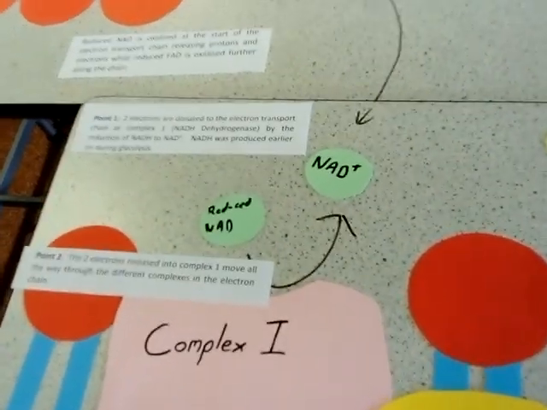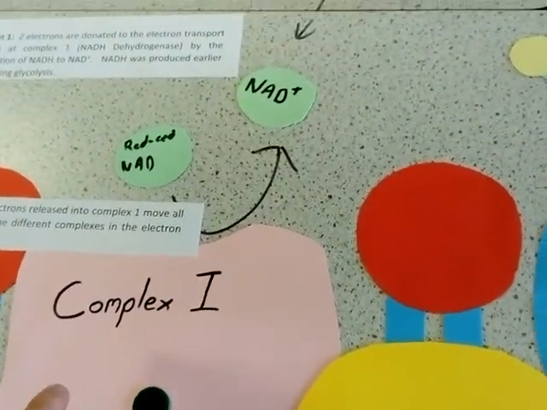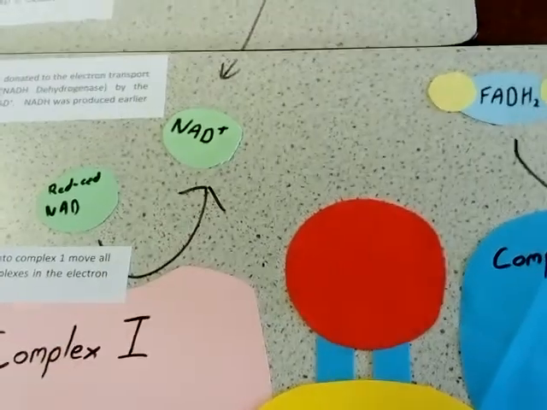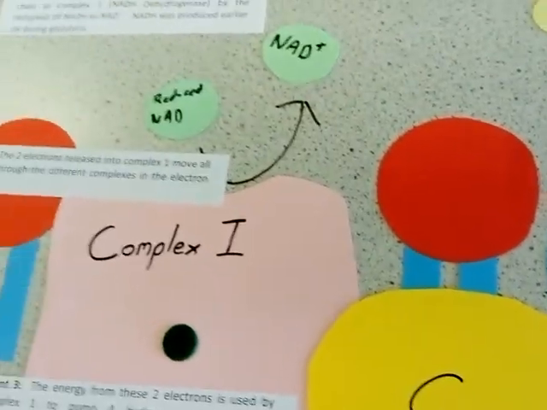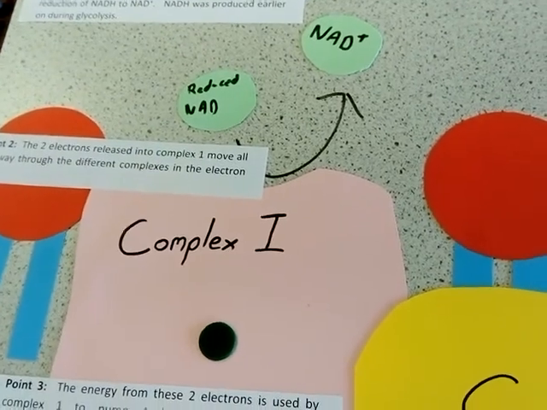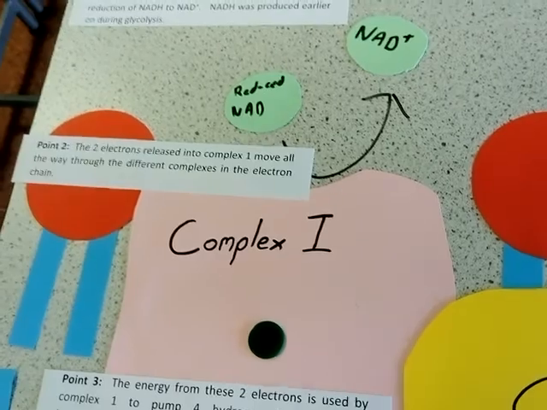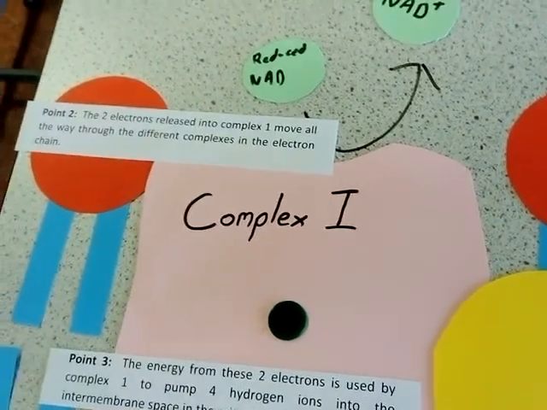Right, so our reduced NAD then moves down into the electron transport chain. The NAD is oxidised at complex 1, right? Complex 1 is technically called NAD reductase or dehydrogenase because it's removing the hydrogen from it.